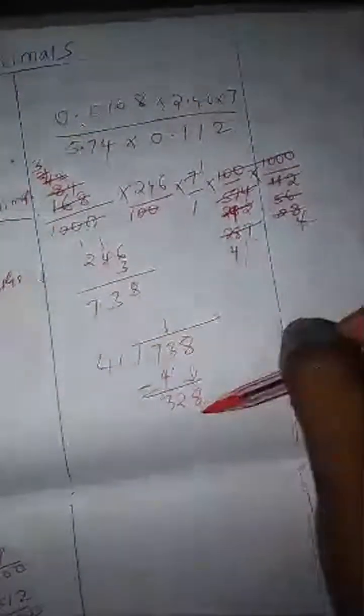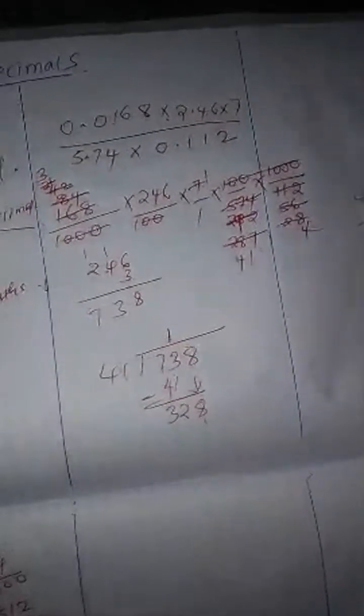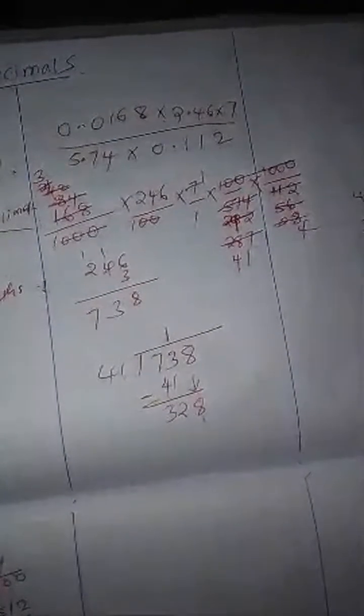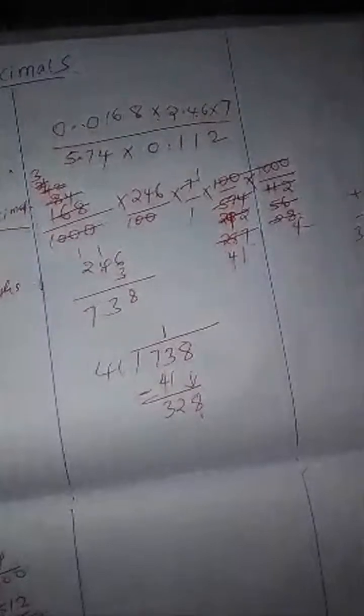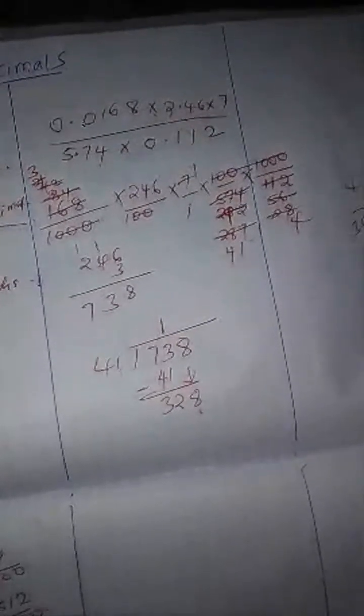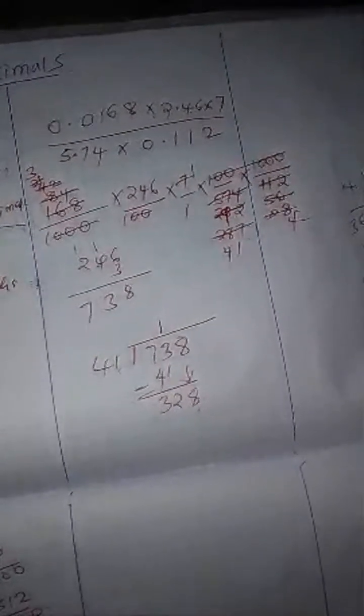So 41 goes into 328 how many times? Try 41 times 9, that will be 369. 41 times 7, that will be 287. Still far. 41 times 6 will be 246.